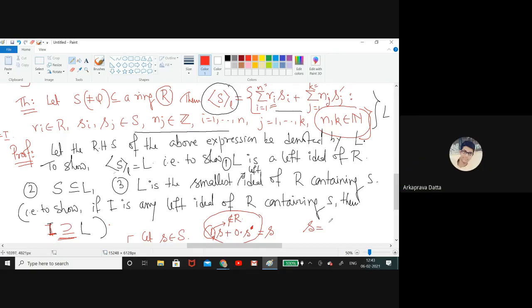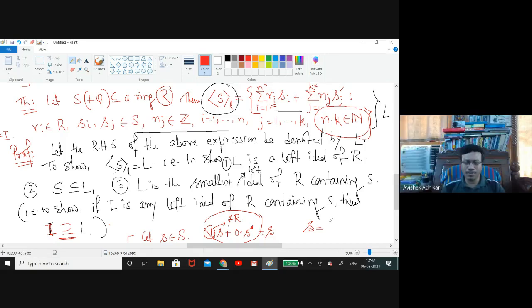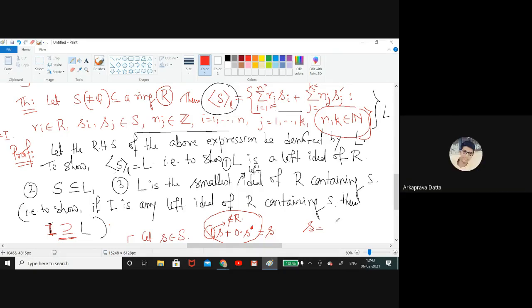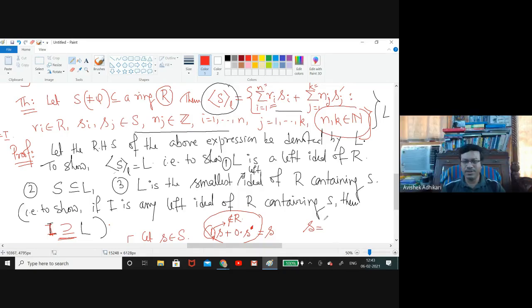Yes, if I take 1 from Z and 0 from the ring... So if you just reverse it, it should come from the 0 element of R into s plus integer 1 into s, right?